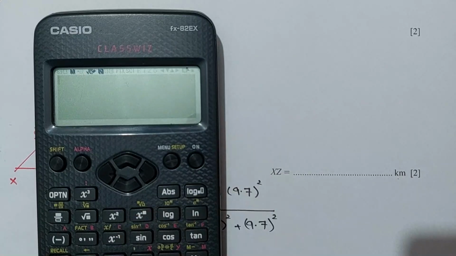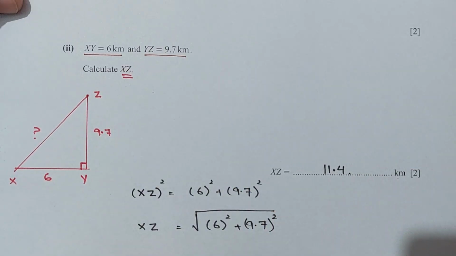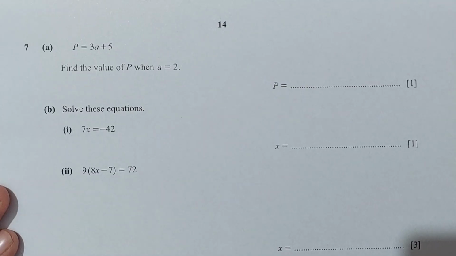Let me do this: 6 squared plus 9.7 squared, square root of the answer. This is 11.4. 11.4 kilometers is xz.